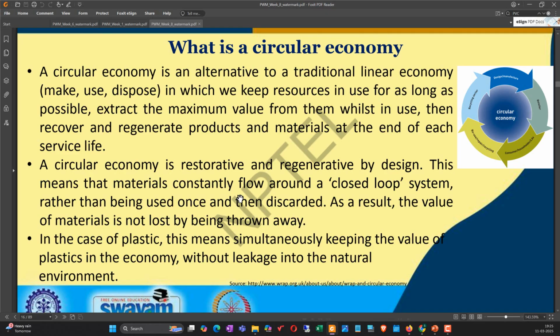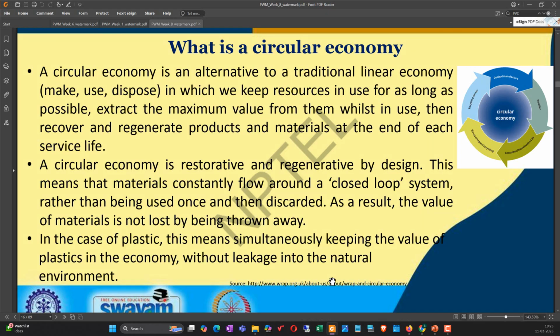As a result, the value of material is not lost by being thrown away. In the case of plastic, this means simultaneously keeping the value of plastics in the economy without leaking into the natural environment. So you are actually managing the plastic waste. That is the clear-cut goal of the circular economy.